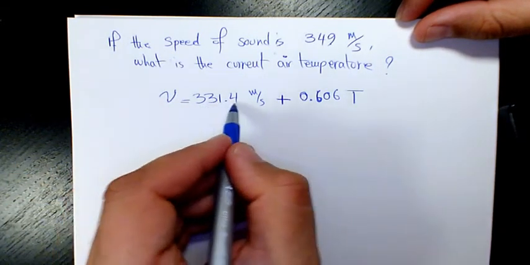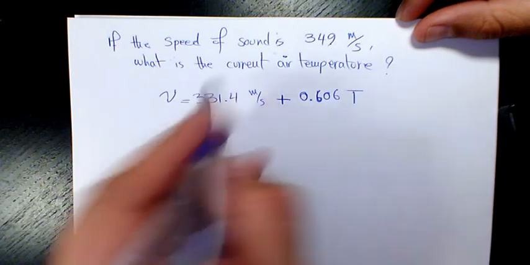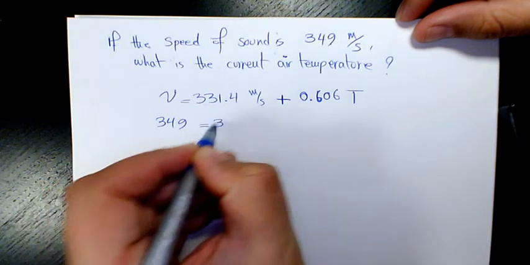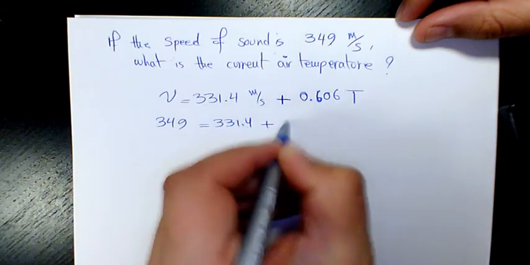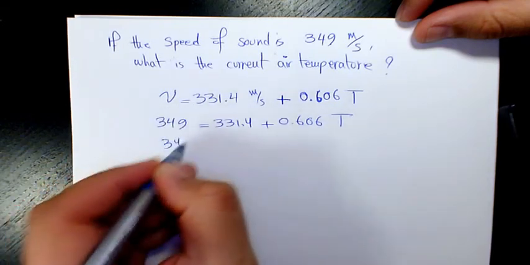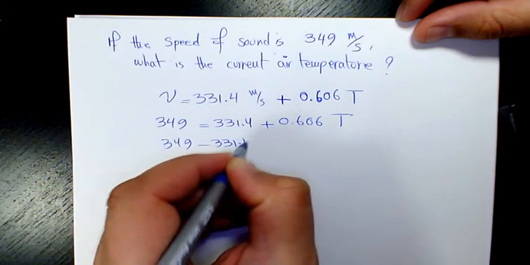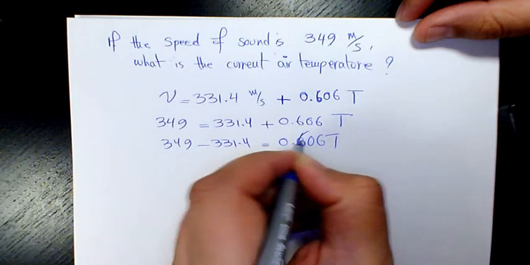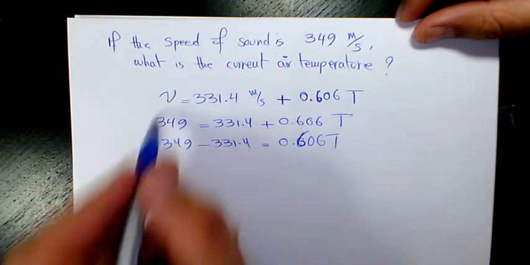So 331.4 plus 0.606 times t. So the velocity is 349. 349 equals 331.4 plus 0.606 t. Move it to the other side: 349 minus 331.4 equals 0.606 t. I moved 331.4 to the other side.